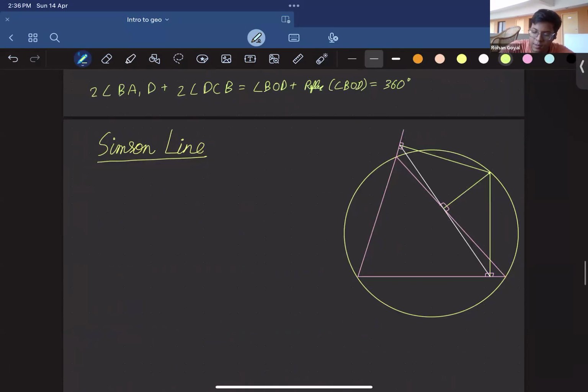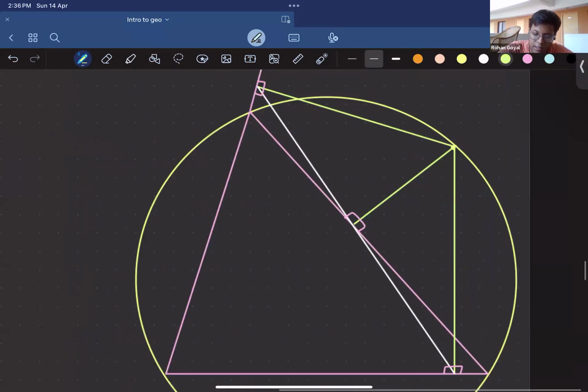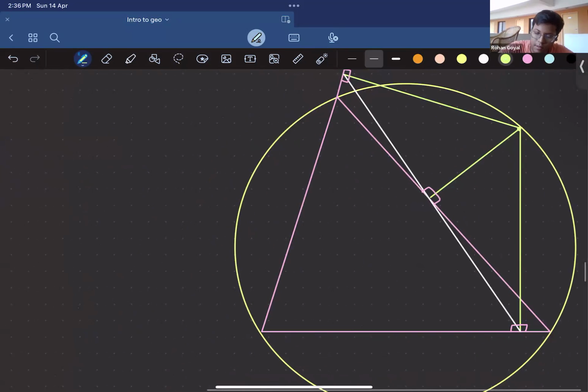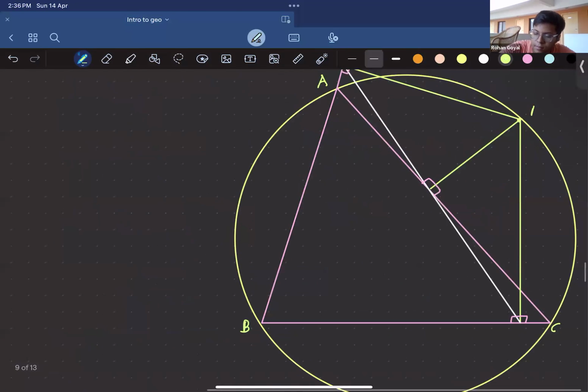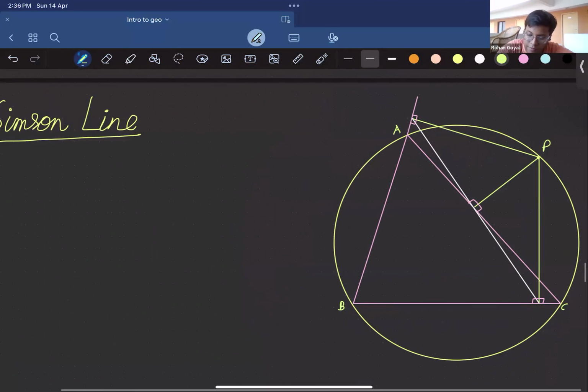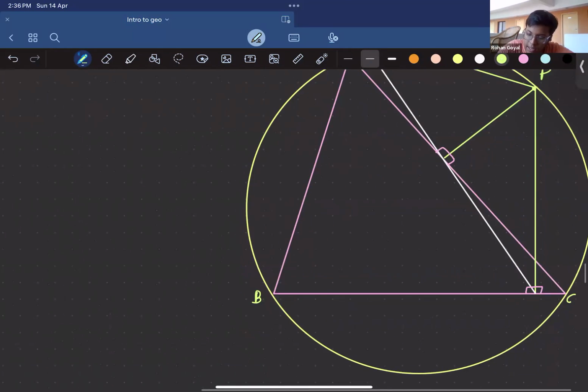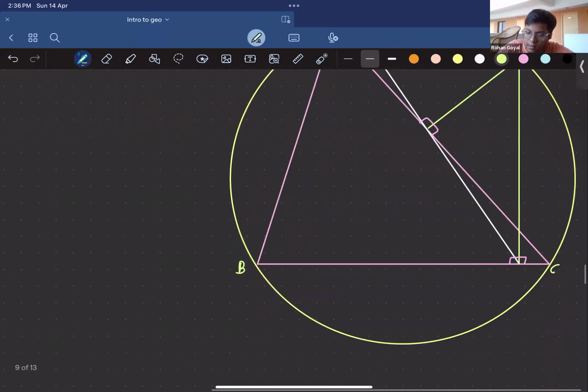Okay. So coming to Simpson, what is this? We have a circle and we have 4 points on it. Let's call them A, B, C, and P. So from P, I drop perpendiculars on all three sides of the triangle ABC.